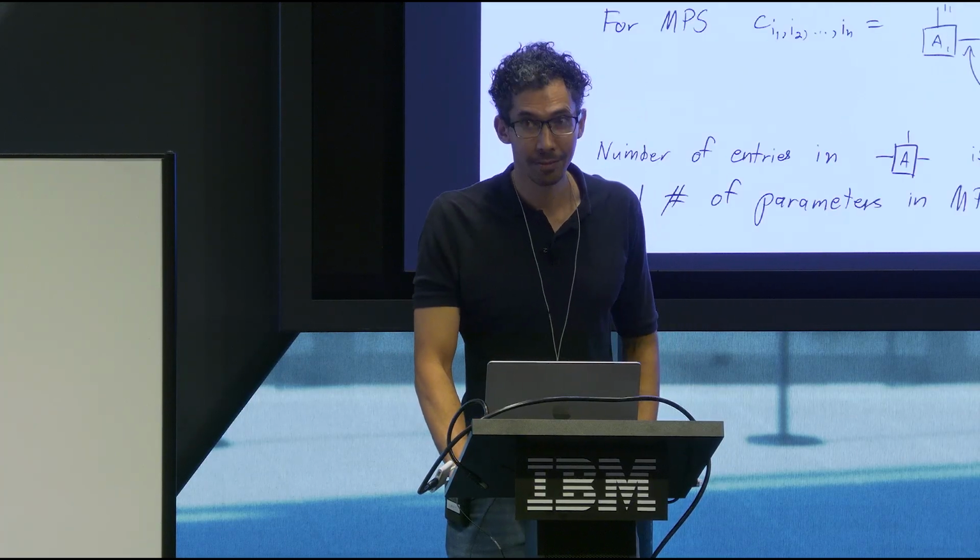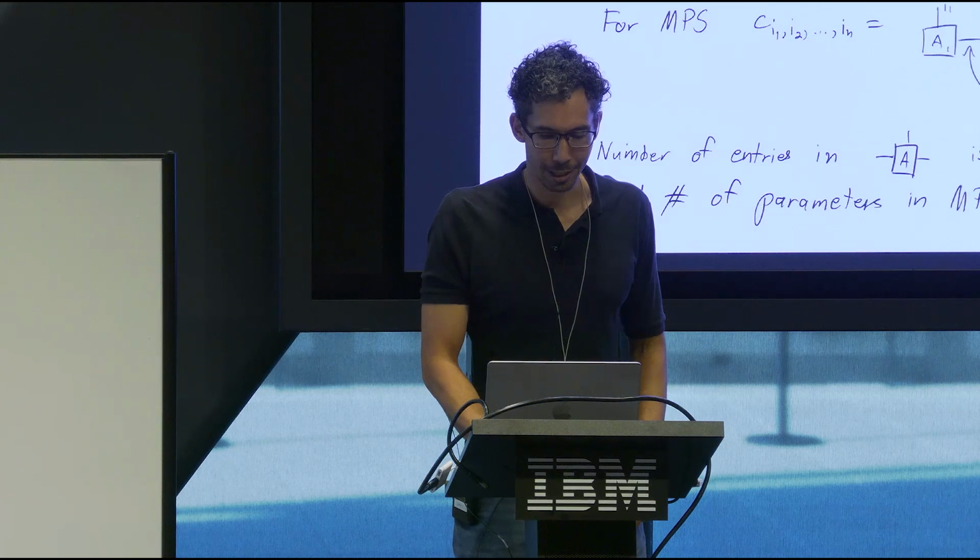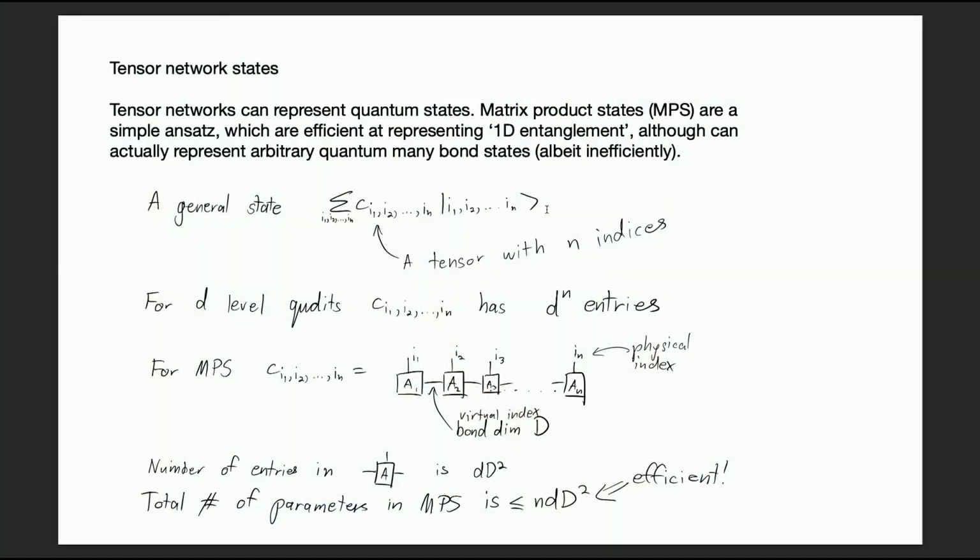Okay, so yeah, I guess the most well-known application of tensor networks is to describe quantum many-body states. As we know, a general state of n qubits can be expanded in a local basis like this.